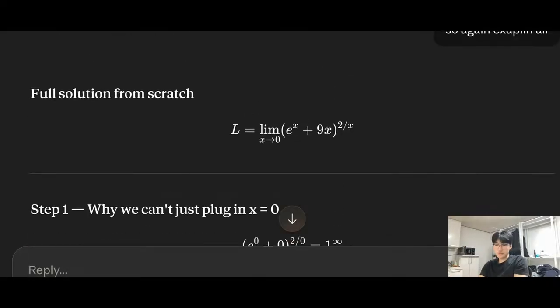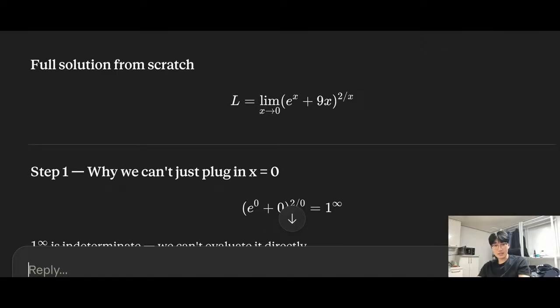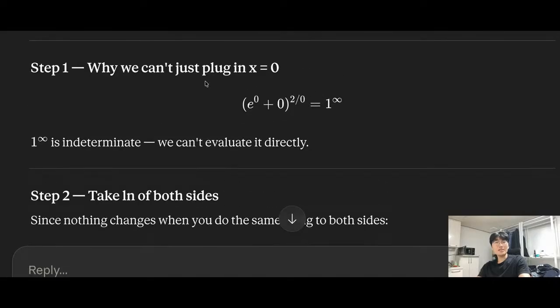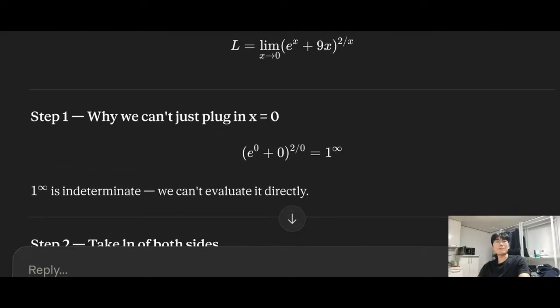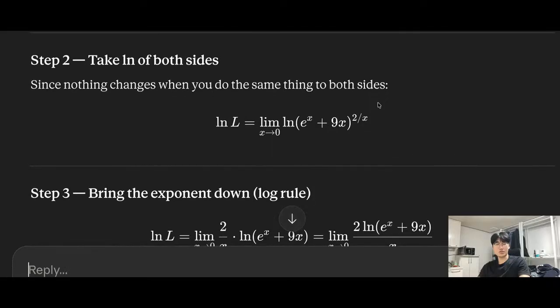So we started off as L equals the limit as x is heading to 0 of (e to the power of x plus 9x) to the power of 2 over x. And here we can't plug in a 0. I get it. You said it a million times. If there were such problems that you can just plug in 0, then they wouldn't even have made the problems. Even kindergarten children would understand it.